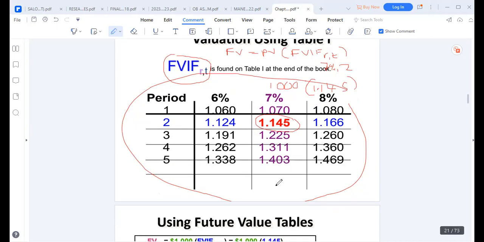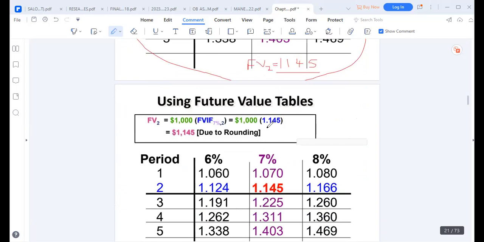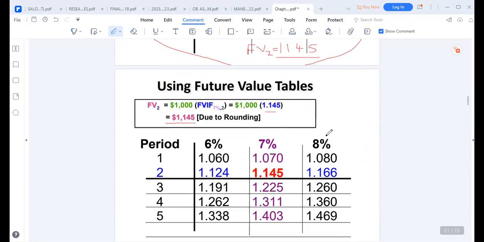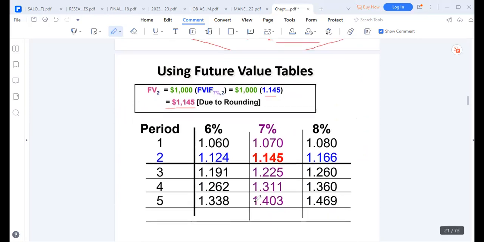So this is our future value using the tables. The difference is very minute. The tables, other people find them very easy to use. This is due to rounding off. Are we together so far?